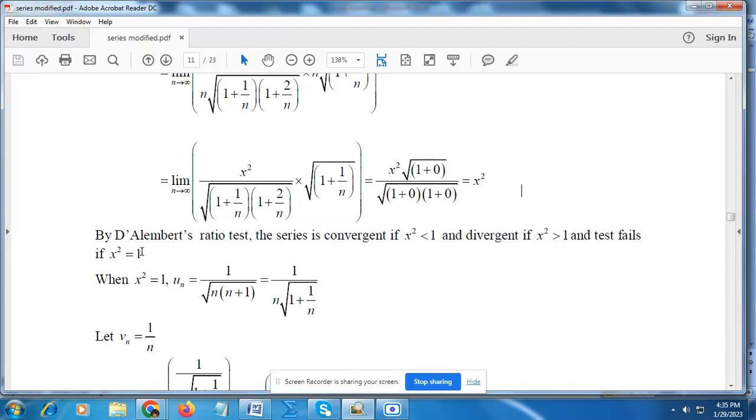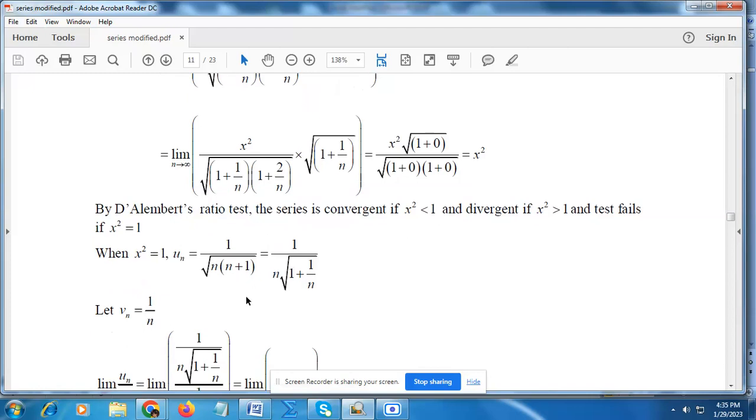So discuss x square equal to 1, because the test fails there. When x square is equal to 1, un is 1 by root n into n plus 1. Again apply comparison test.